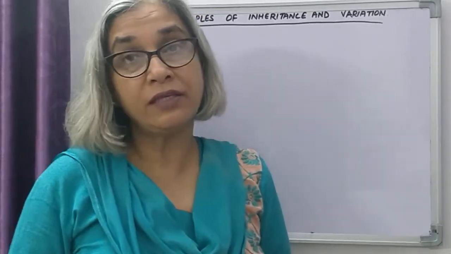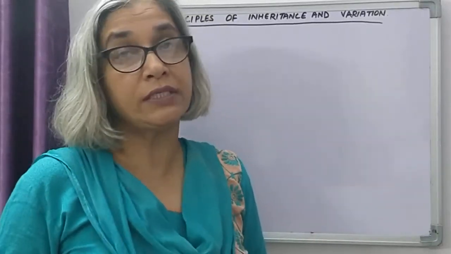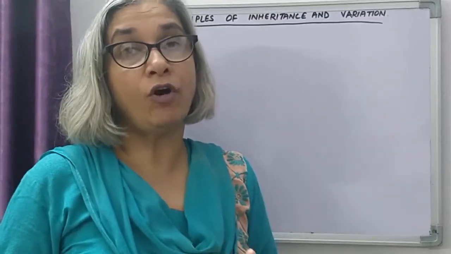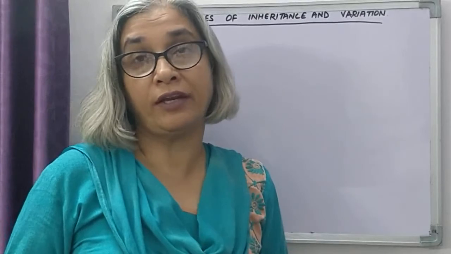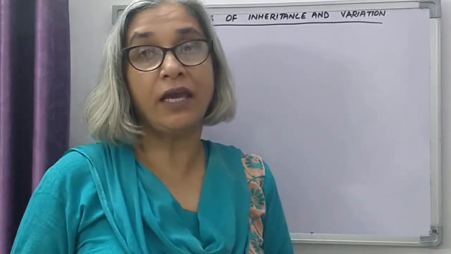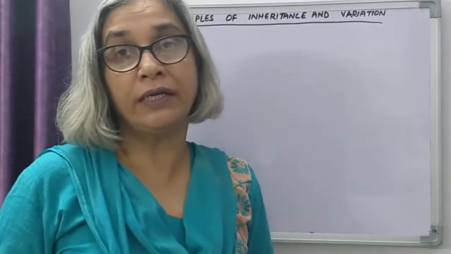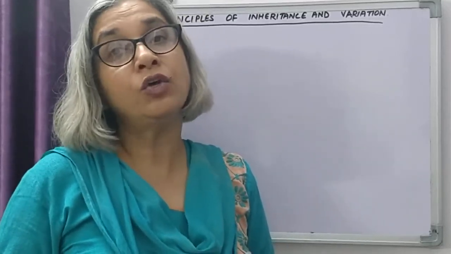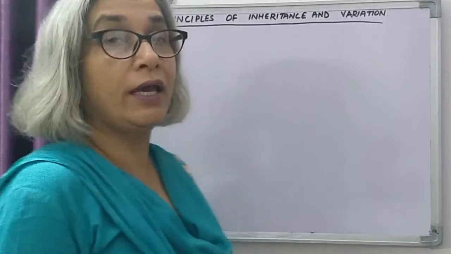Now to explain this, we will do the dihybrid cross, in which we will take into consideration two characters, allelic forms of two pairs of characters between two organisms simultaneously. A dihybrid cross, as I told you earlier, is a cross between two organisms having two pairs of characters simultaneously.